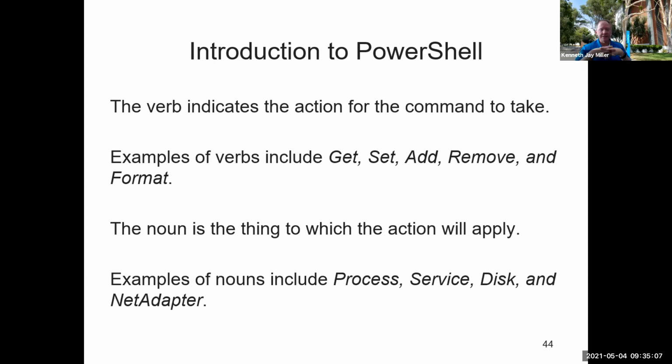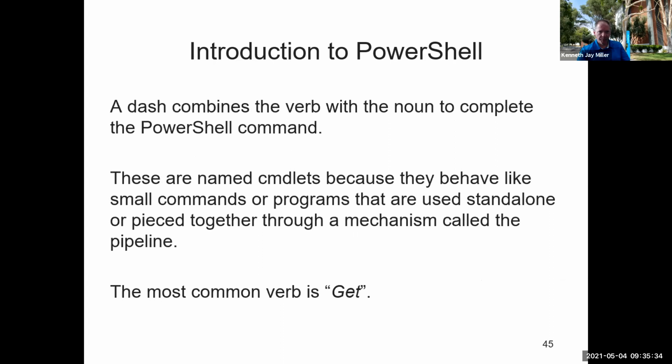The noun is the thing to which the action applies. For example, Get-Process, Set-Service, Get-Disk, Remove-NetAdapter. So the ability to think of what am I trying to do and what am I trying to do it to will give you the verb and noun relationship.